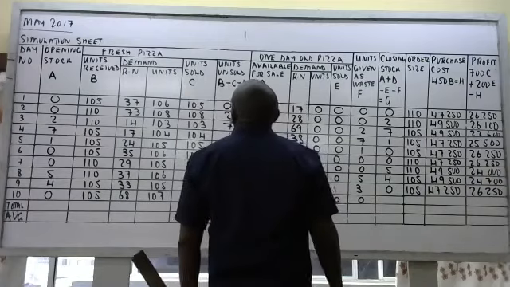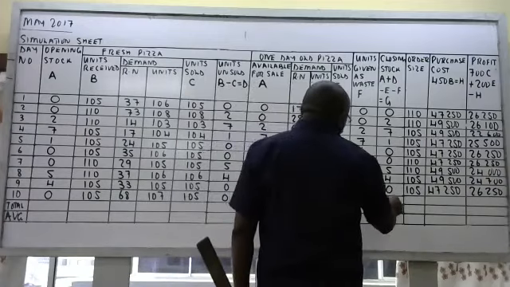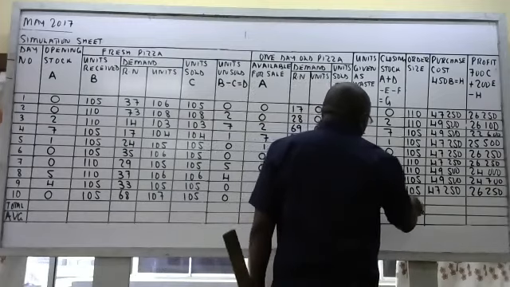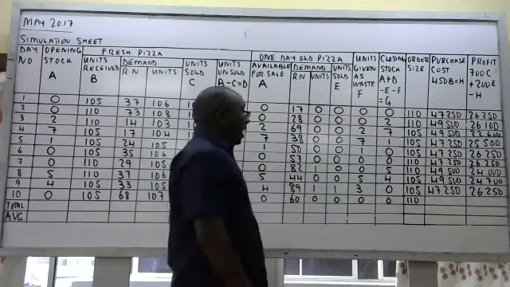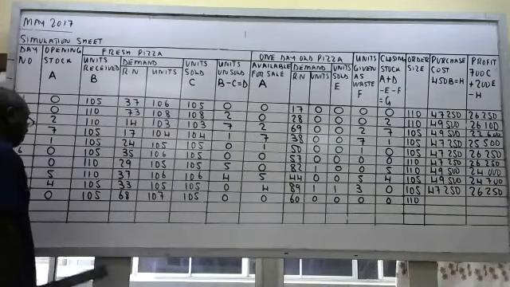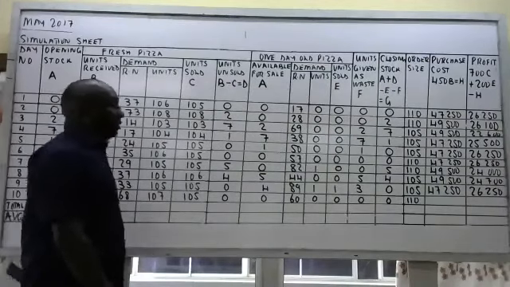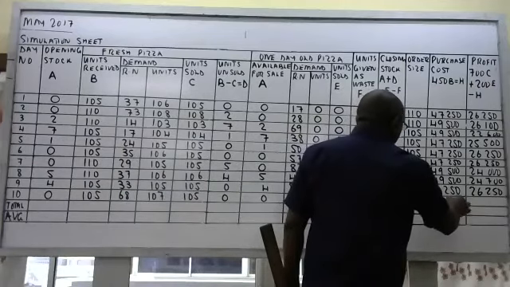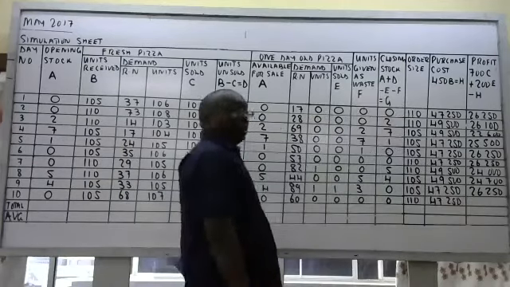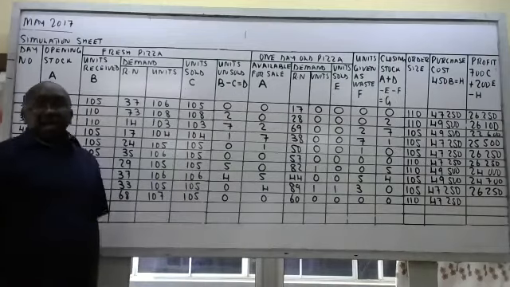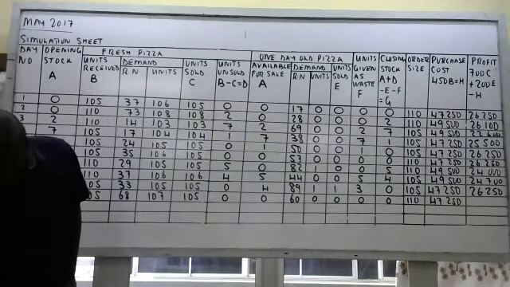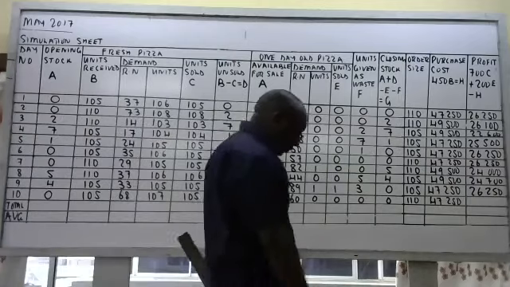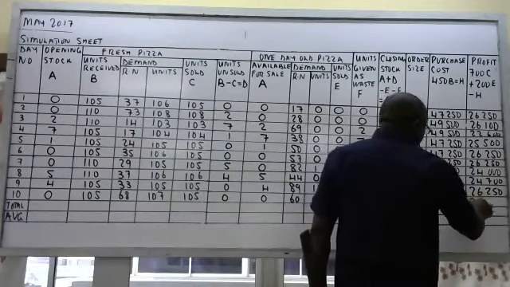Closing stock is also 0. So we place an order of 110. Sasa tumenunua 105. So the purchase cost is 47 to 50. So what would be the profit? Still the same, 26 to 50.